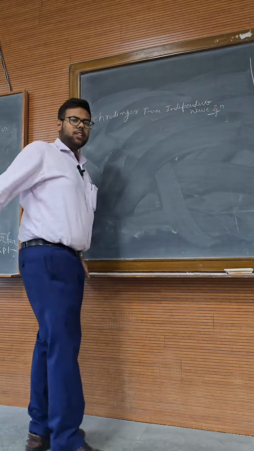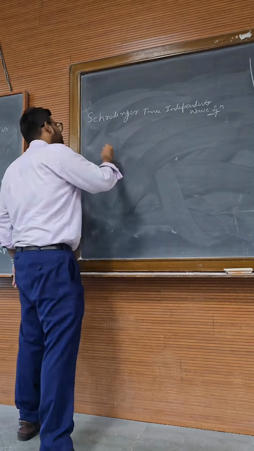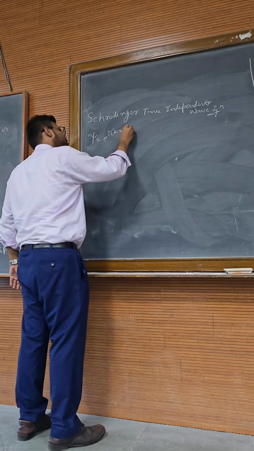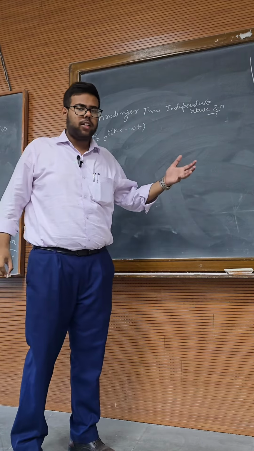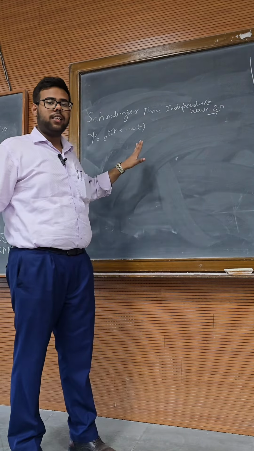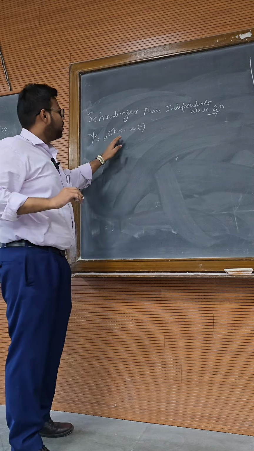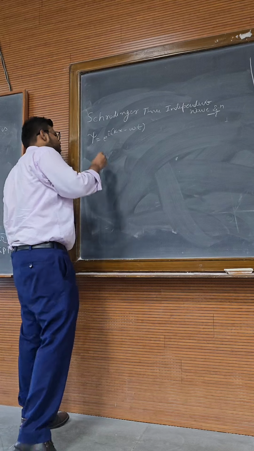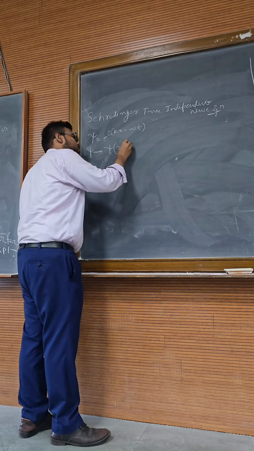Okay, so we all know a general form of the wave function, that is psi is equal to e raised to the power i of kx minus omega t, right? We all know this and I won't discuss much upon it, but in later videos I shall discuss it. So for now just know this, that psi is equal to e raised to the power i of kx minus omega t. You can write psi also as psi of x comma t.